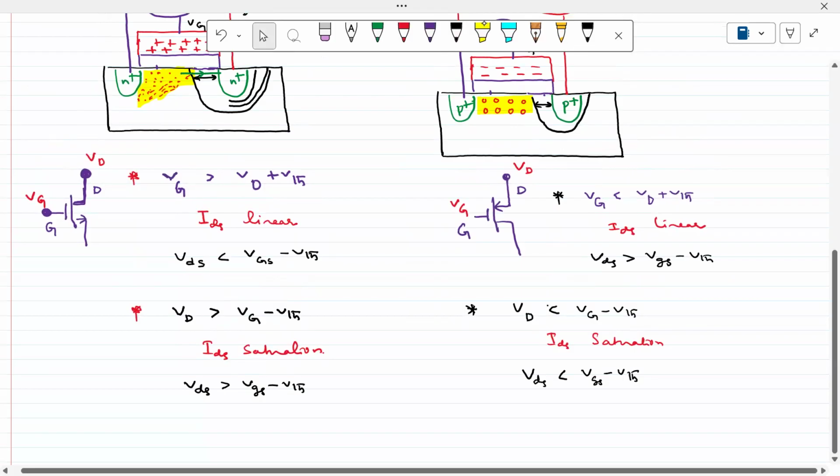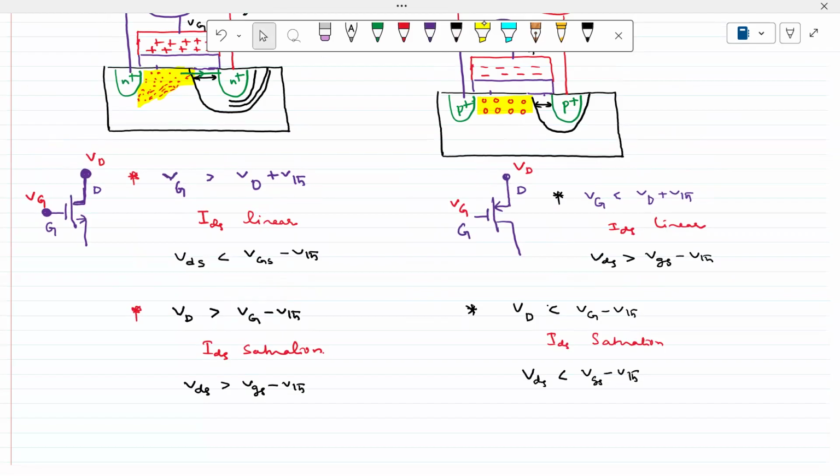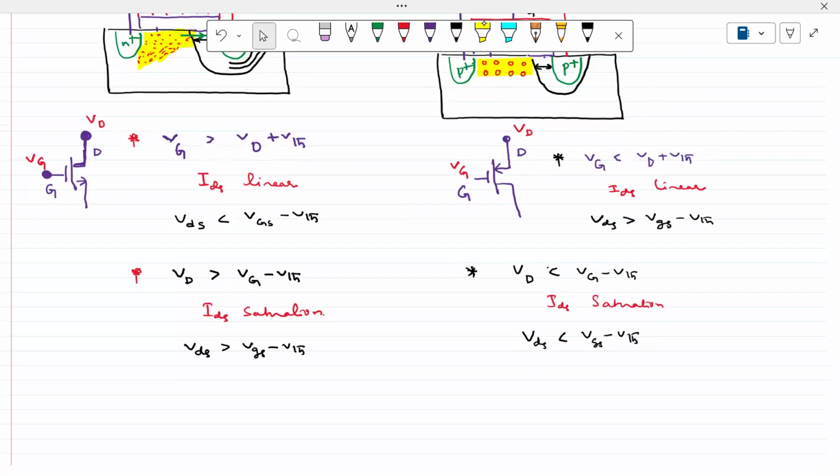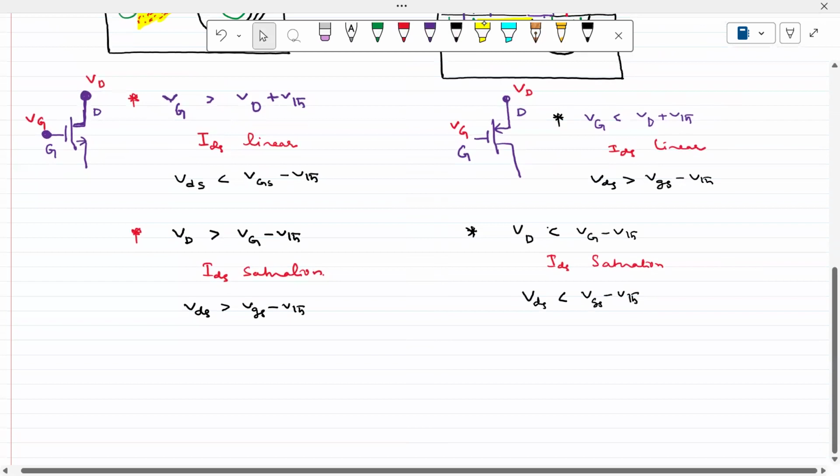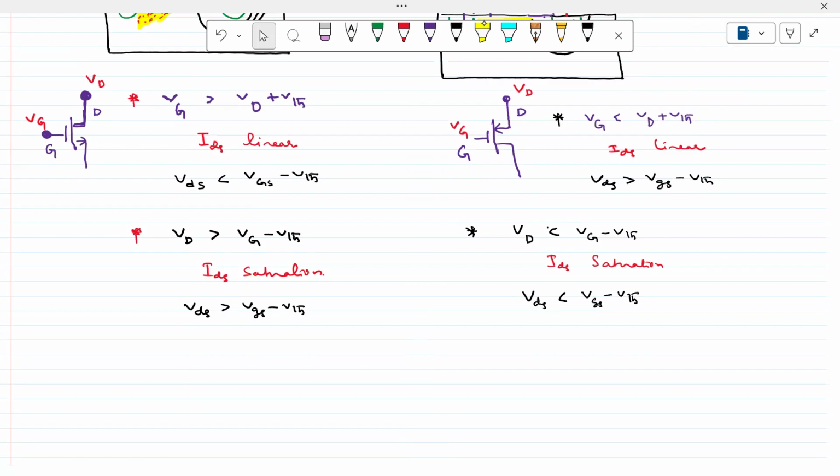Now if I give you an NMOS transistor, and I ask you to operate this NMOS transistor in the saturation region, then what potential do you apply at the gate and what potential do you apply at the drain?